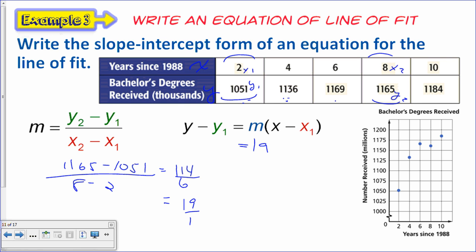I'm going to use 1051 there. And then x minus 2. 19x, and then that'd be 2 times 19, 38. Did I do that right?